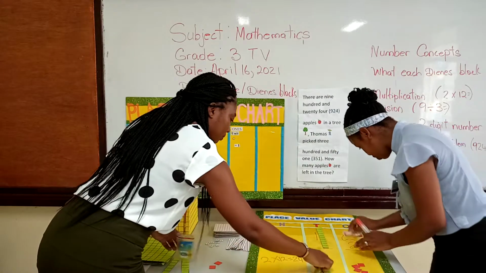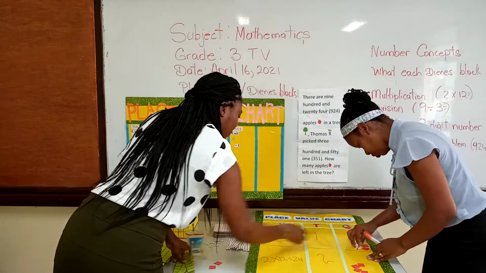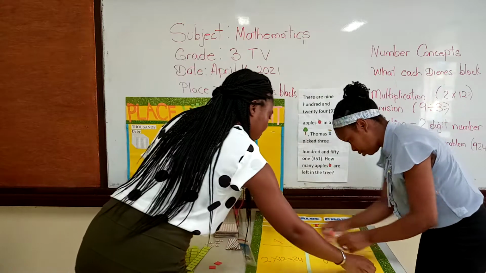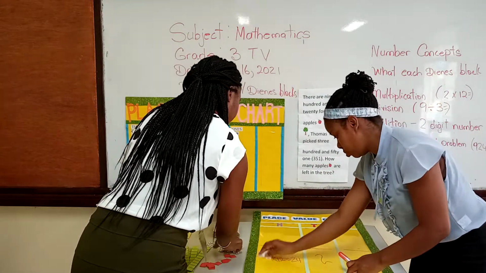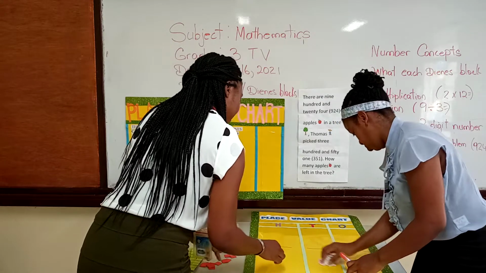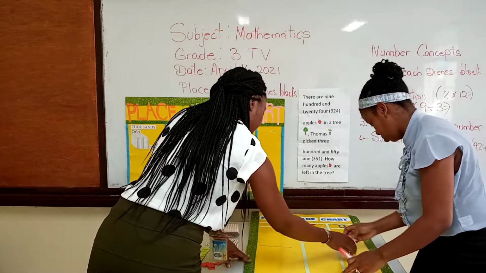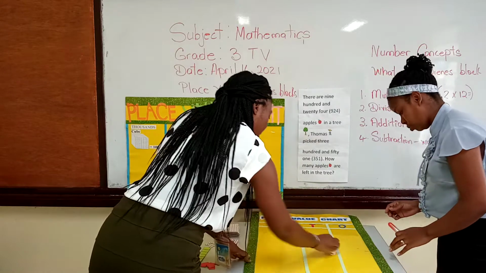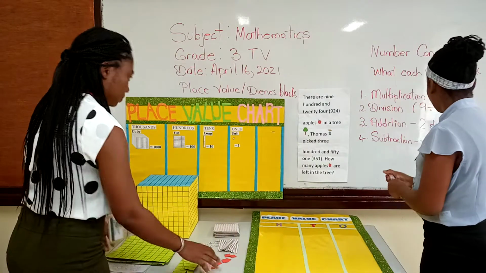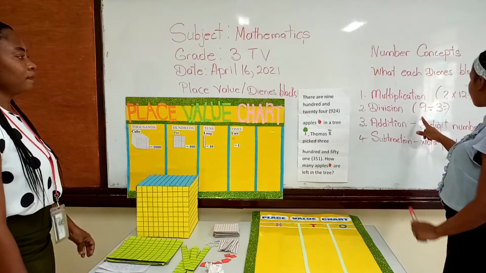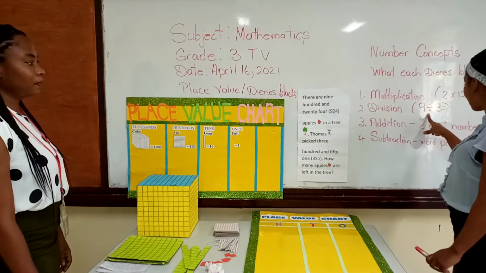We're going to erase the board. So we erase the place value chart, and now we're going to do division. We have the problem 9 divided by 3.